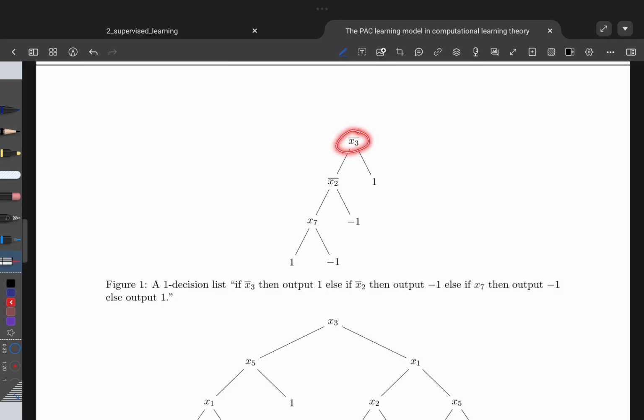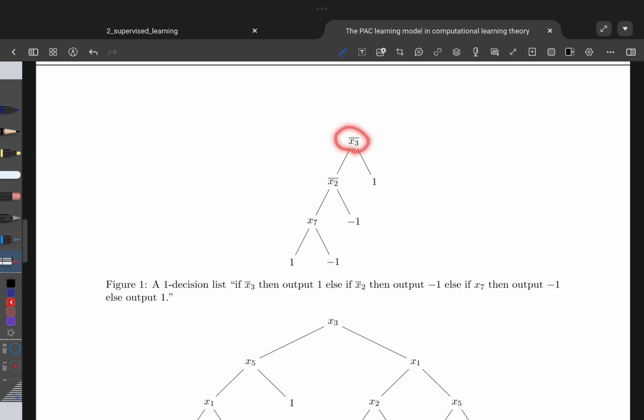So this is basically a tree with each node being a variable or its complement. All right, and the leaves are all the labels, either +1 or -1. So you evaluate the function by going through this decision tree from the root all the way up to a particular leaf. So for example, let's take x3.